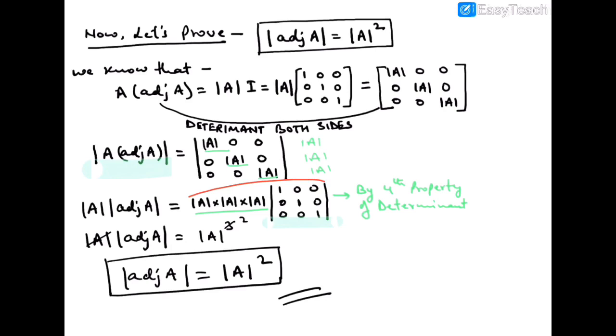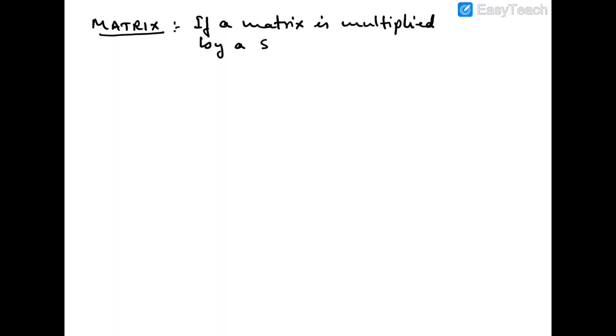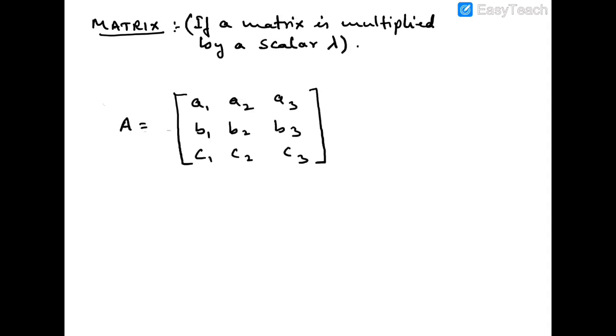Now before moving on, let's discuss this point in more detail. That is, what's the difference between a matrix and a determinant when we multiply it by a scalar. So if we multiply a matrix with a scalar quantity, it will get multiplied with each and every element of that matrix.